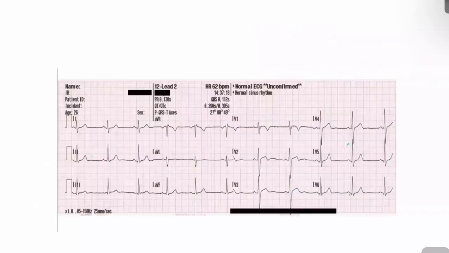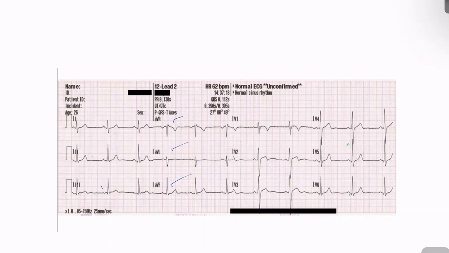And another thing is the ECG format. We are very used to the standard ECG format, and it is 1, 2, 3, AVR, AVL, AVF, V1 to V6. But as I said before, 1 and AVL are the lateral leads, V5 is a lateral lead, and 2, 3, AVF are the inferior leads.